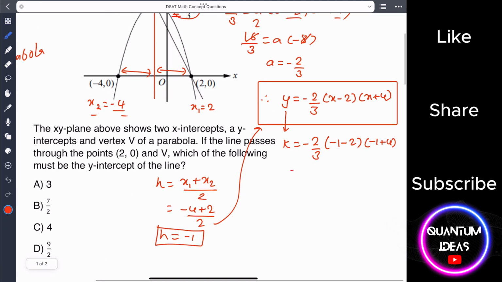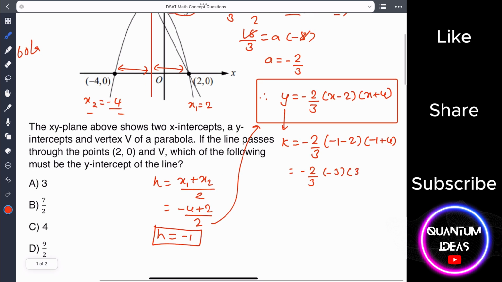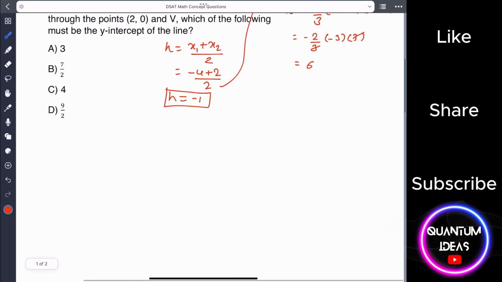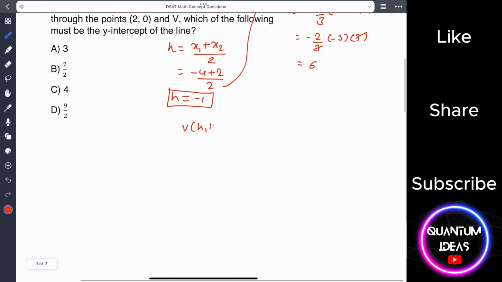So this equals -2/3 times -3 times 3, so the value of k is 6. Now we have the vertex of the parabola as h comma k, that is (-1, 6).